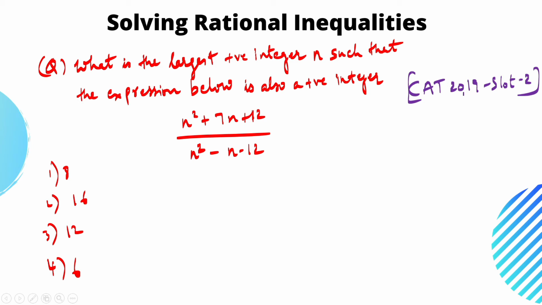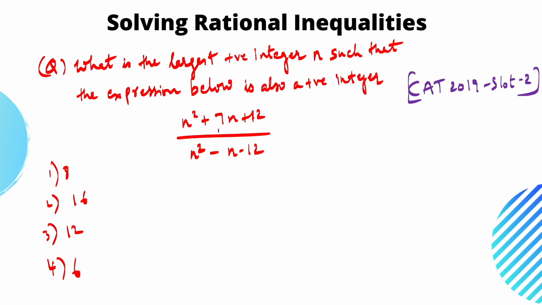So the next question is, what is the largest positive integer n such that the expression below is also a positive integer? The expression is (n² + 7n + 12)/(n² - n - 12). This appeared in CAT 2019 slot 2.